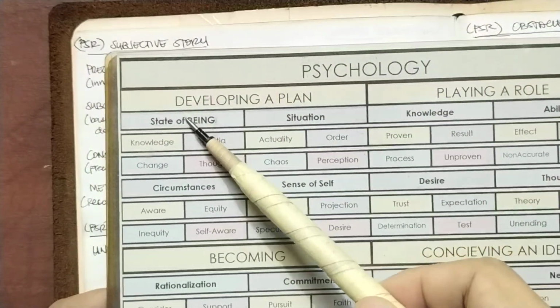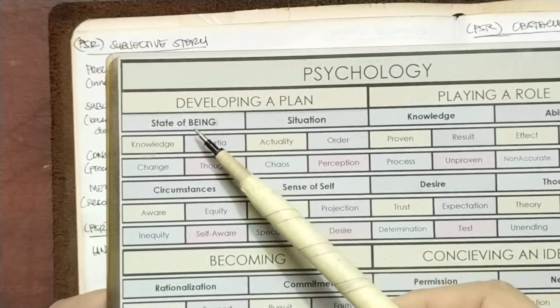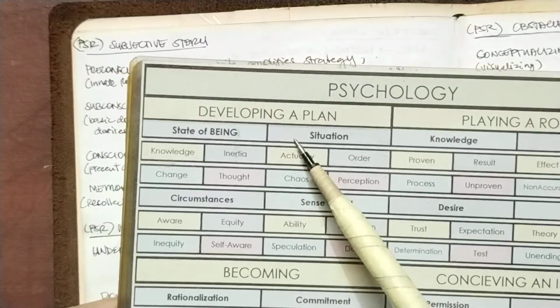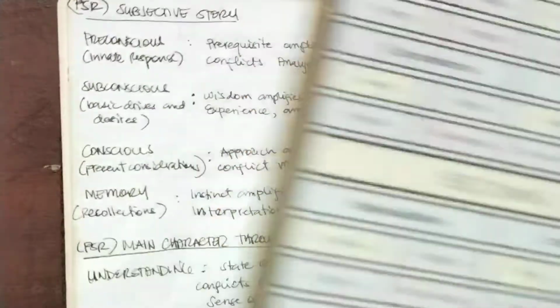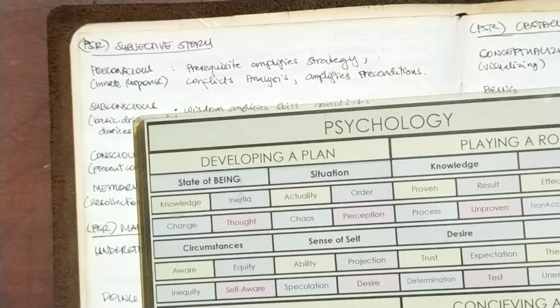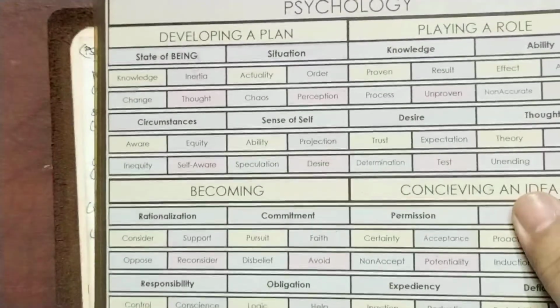Since we are state of being, situation, circumstances of self, this is how I think of it. State of being amplifies situation, meaning his concern of state of being, understanding. He first starts out in a state of being as he tries to understand something, right? So that's how it works for me.